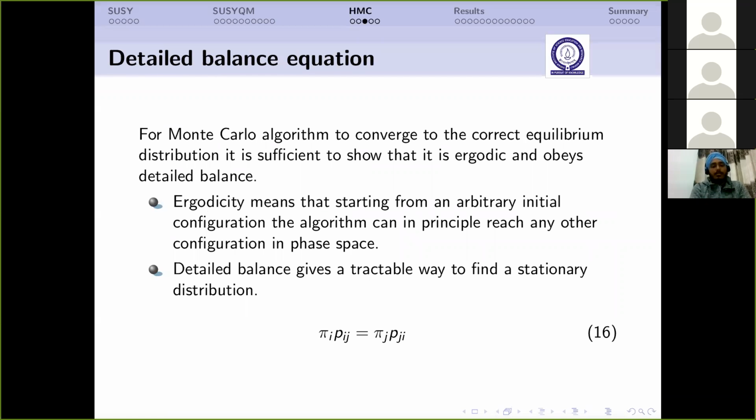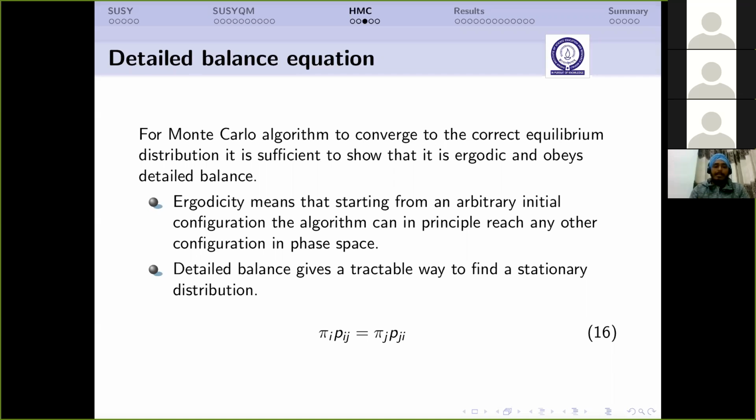In Menati's talk, there was one question about the detailed balance equation, why we are using detailed balance in Monte Carlo. So I just wanted to comment on it. When I was going through the literature, I found it interesting that for the Monte Carlo algorithm to converge to the correct equilibrium distribution, it is important that we are looking for a particular equilibrium distribution. For that, our algorithm should be ergodic, in the sense that in principle it should reach any configuration in the phase space.